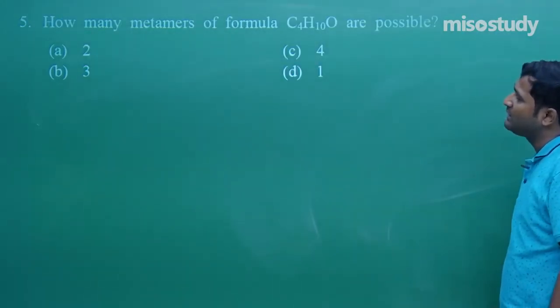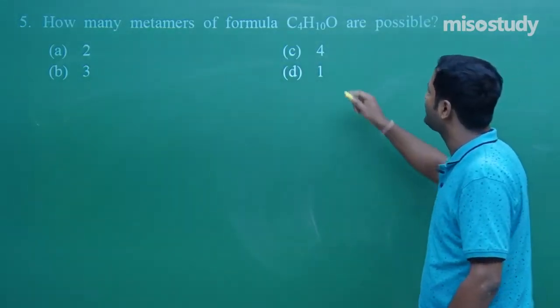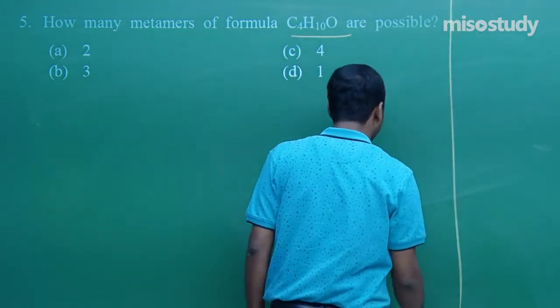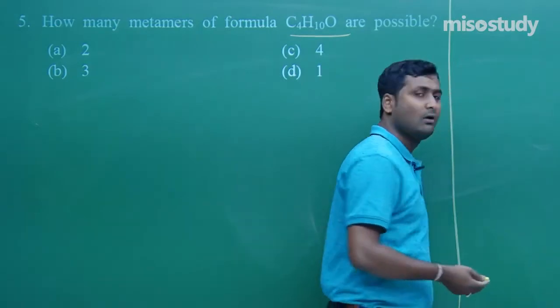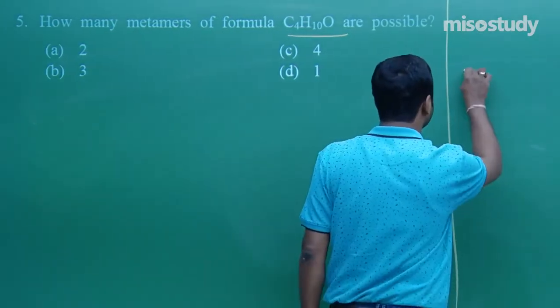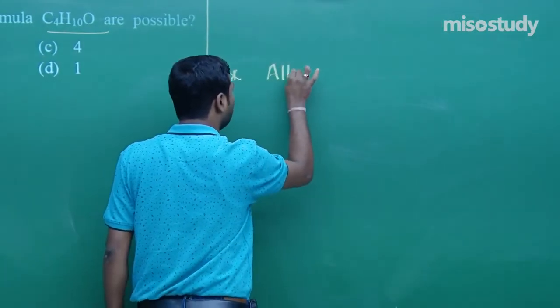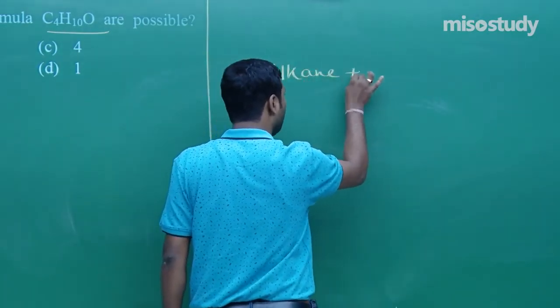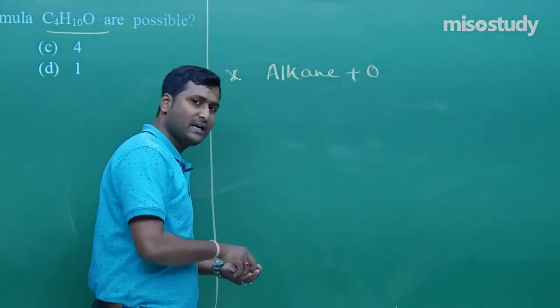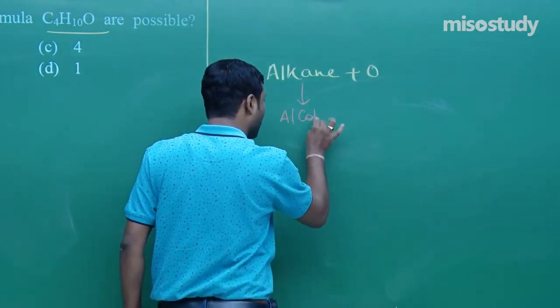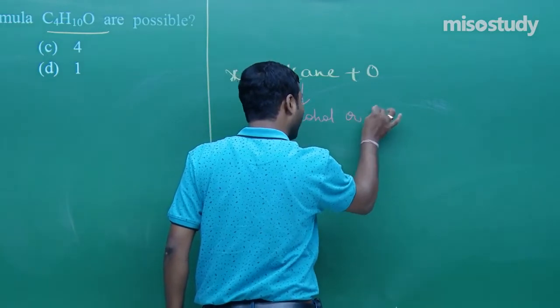How many metamers of formula C4H10O are possible? Definitely metamers. The formula C4H10O is alkane plus O. Clear to you? If there is alkane plus O, then definitely it is either alcohol or ether.